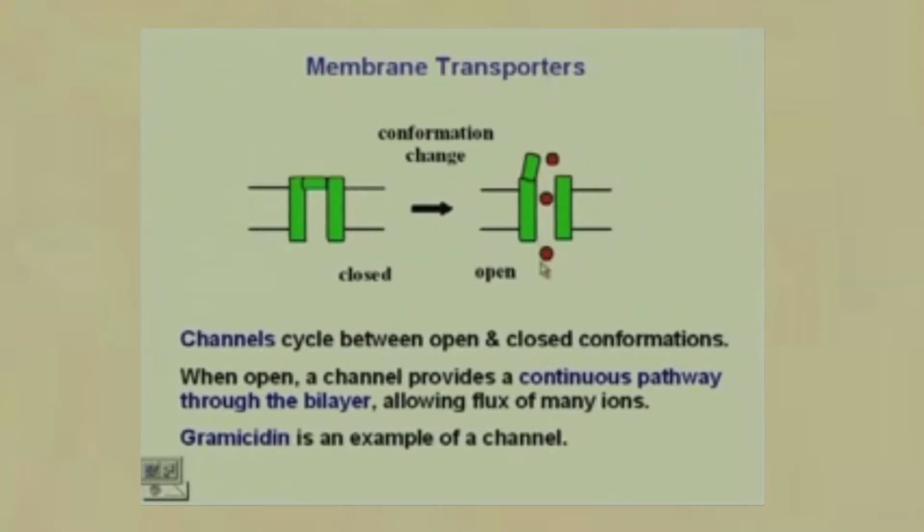So, this channel is actually very sensitive to the flux. As soon as too many ions are going through, it is just like a security gate, it just shuts itself. Okay. This is unlike the carrier protein where once the ligand is bound, there is a conformational change, but nothing else can get through.